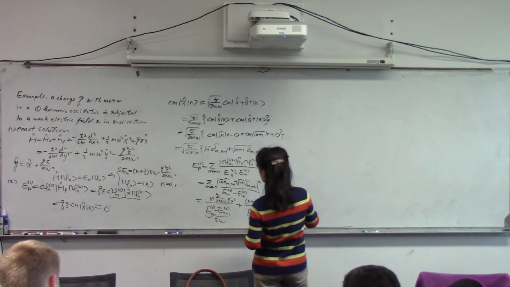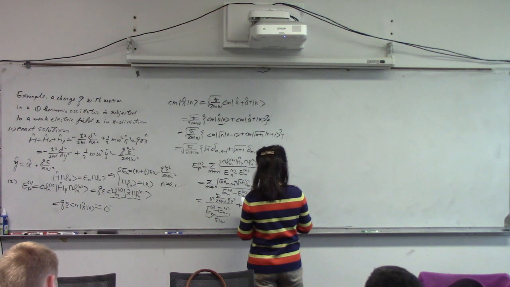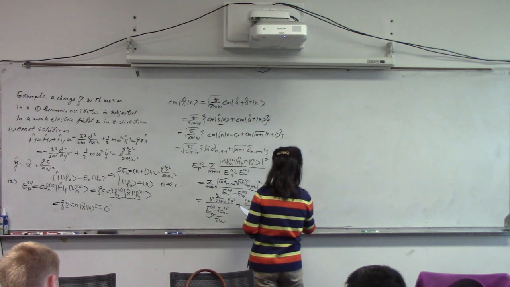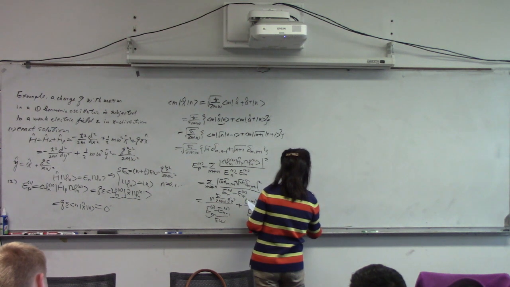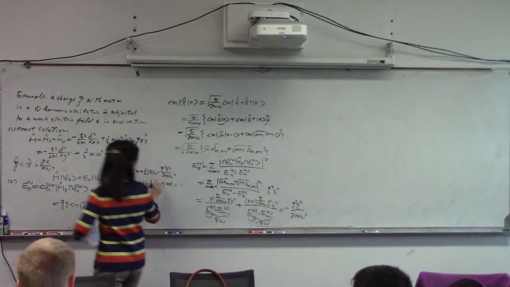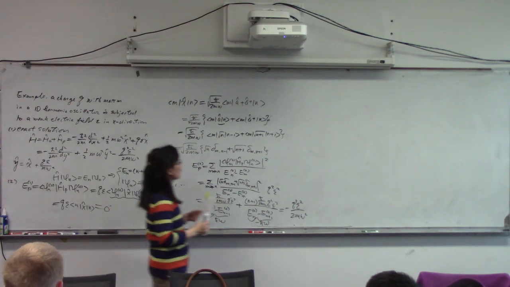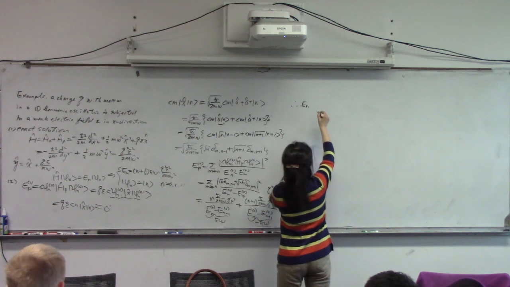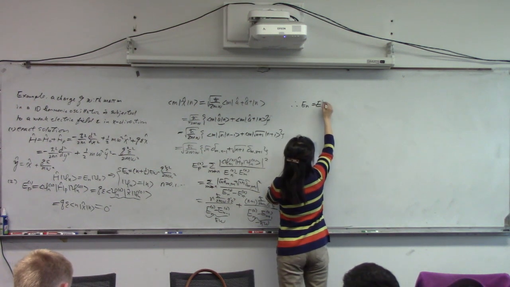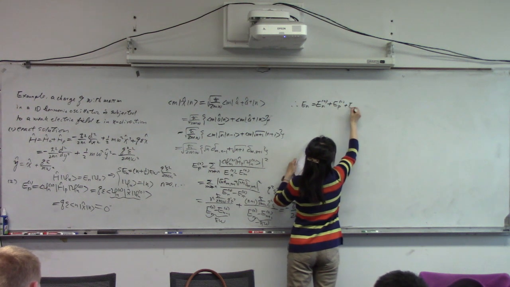So finally, that is this term, which is nothing but the constant term here. So then we can find the energy correction, in this case, to be the zeroth order plus first order plus second order.